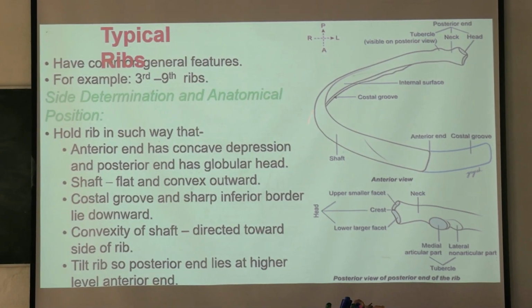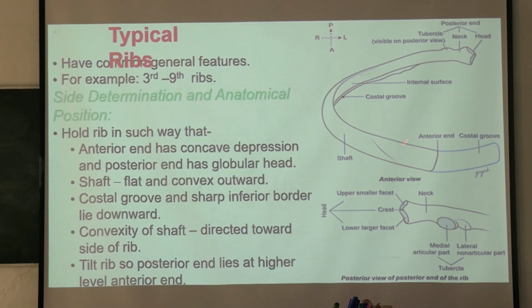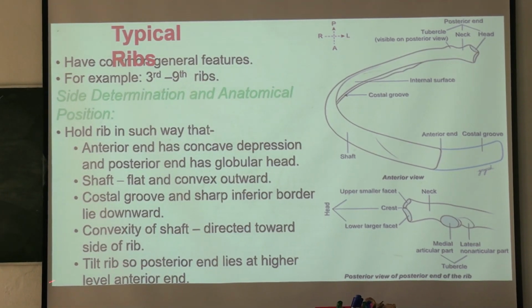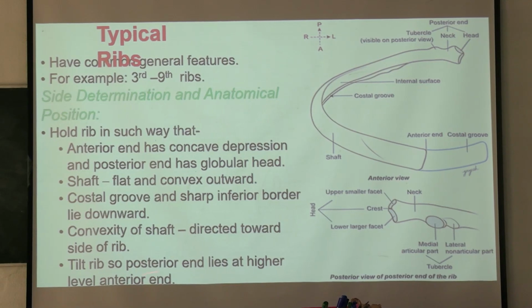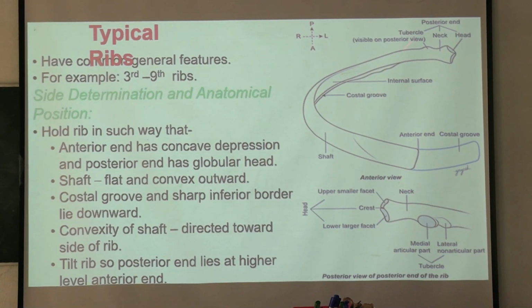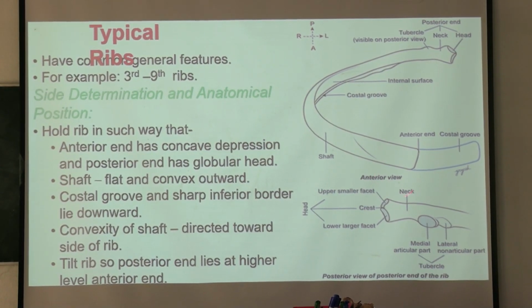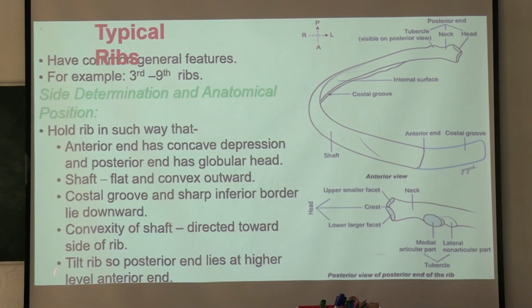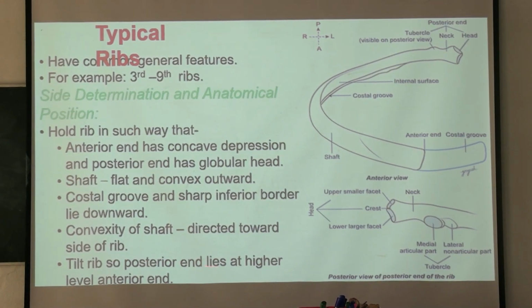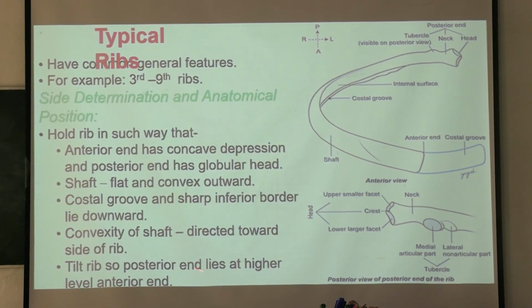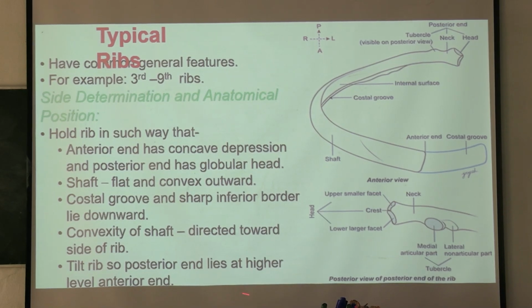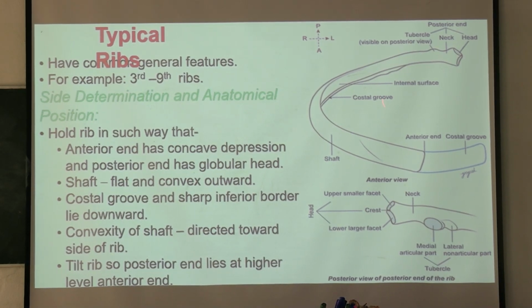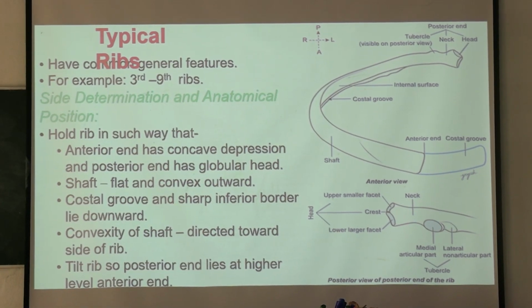So this is a typical rib of the right side. Then the rib is tilted. This head end is slightly above this anterior end. So tilt the rib so the posterior end lies at a higher level than the anterior end. So this will be the anatomical position of the typical ribs.